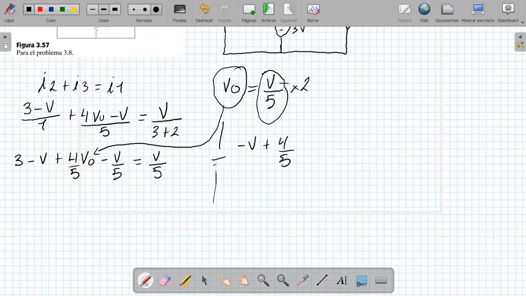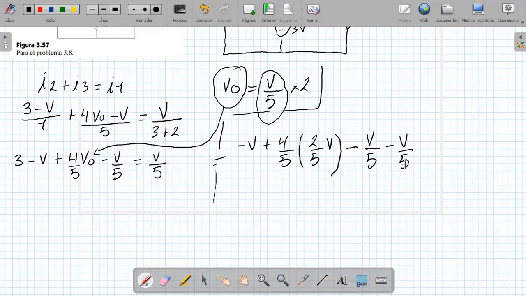And V sub 0 is two-fifths of V. All of this is V sub 0. So we have two-fifths of V minus V fifths minus V fifths. What is here is going to happen to the other side the same, it is going to be minus V fifths again, and I pass the 3 to the other side as minus 3.